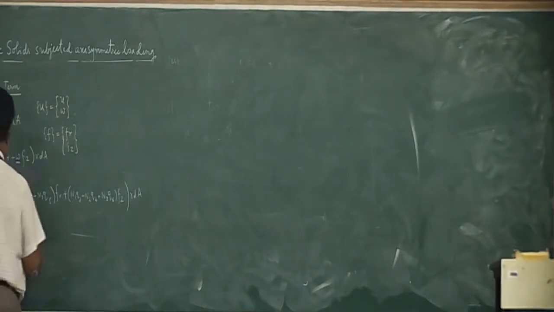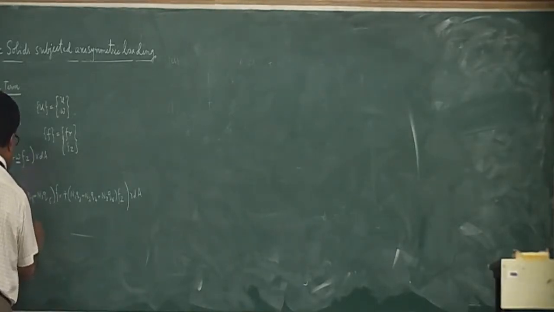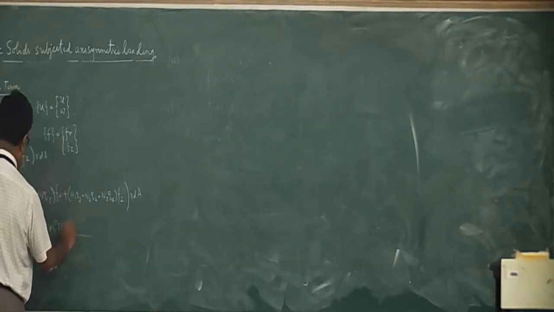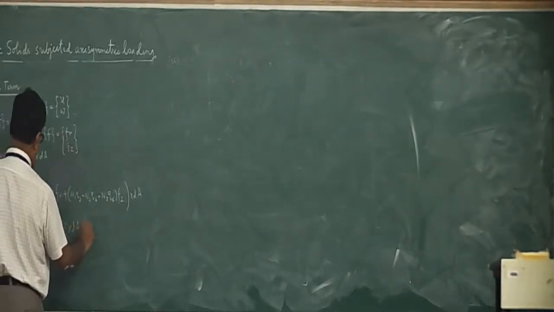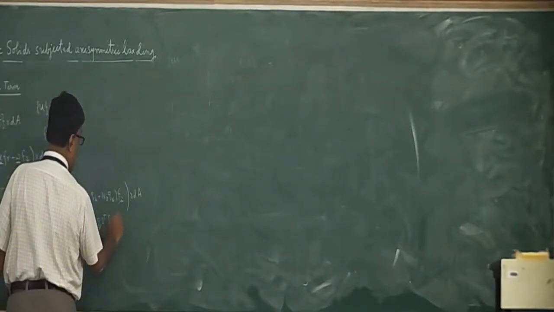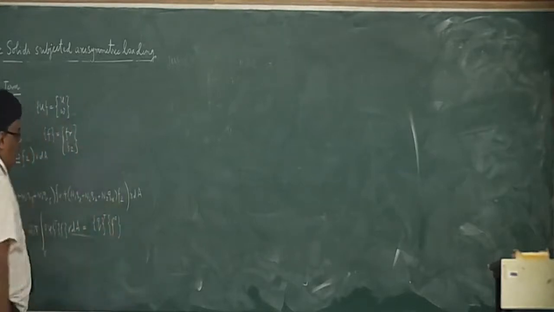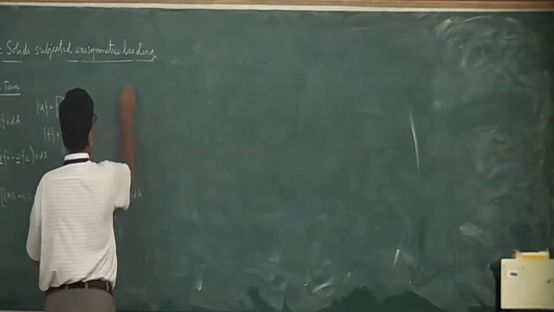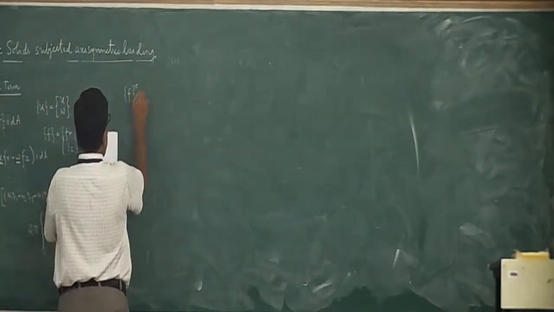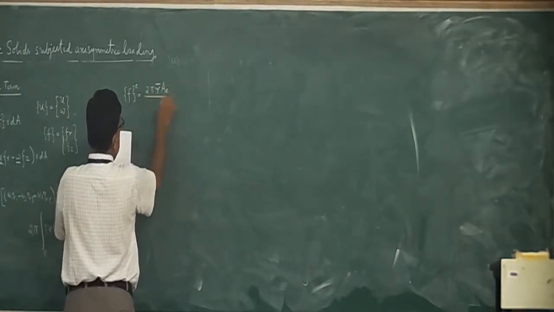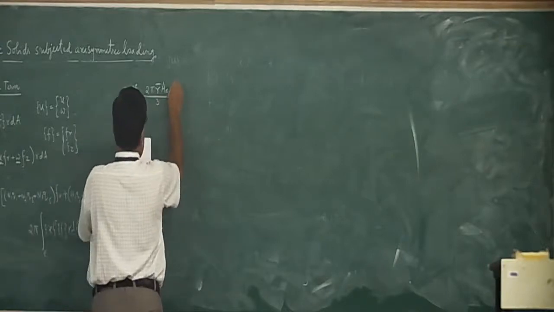After segregating, this whole equation will be converted into Q transpose Fe, where Fe is the nodal body force vector. The nodal body force vector for every element is given by 2 pi R bar, as I told you, evaluated at the centroid.